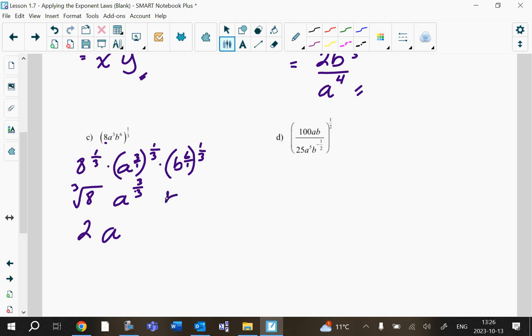So you end up with b to the 6 over 3, which simplifies to b to the 2nd. And then I'm actually going to write all these together: 2a to the first, or just a, b squared.